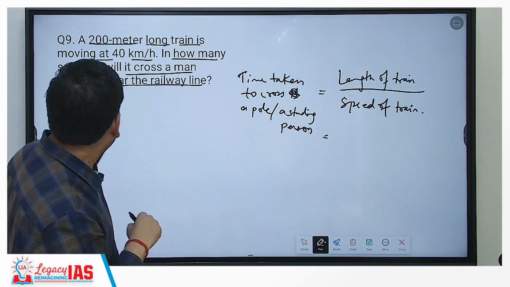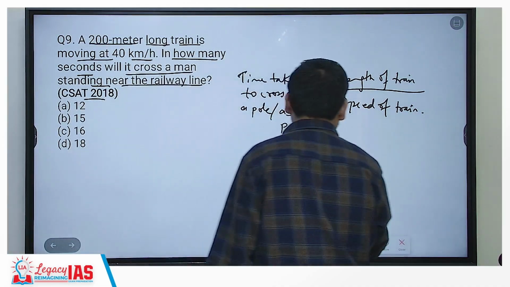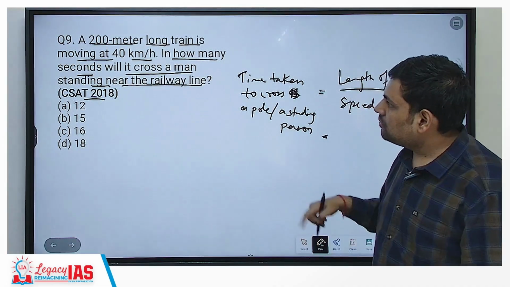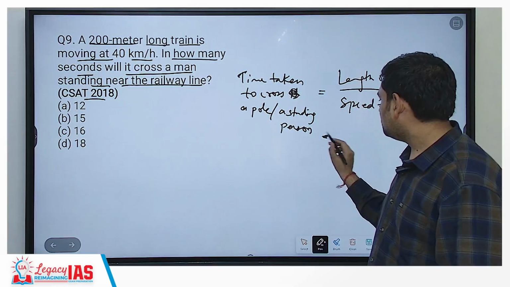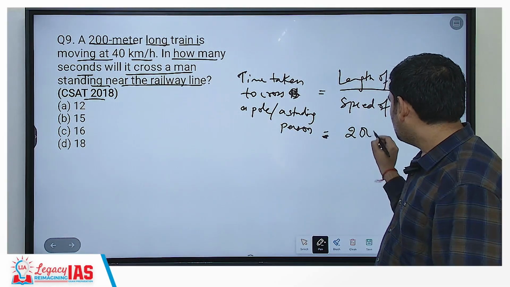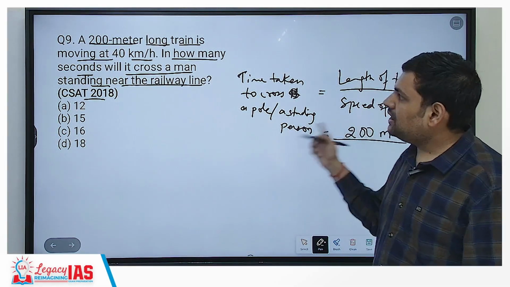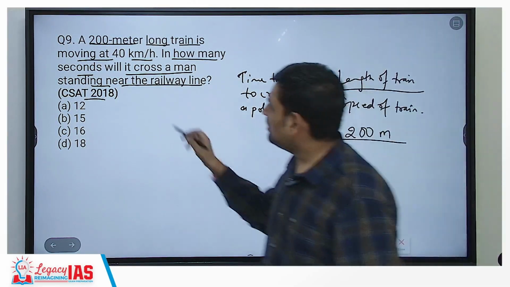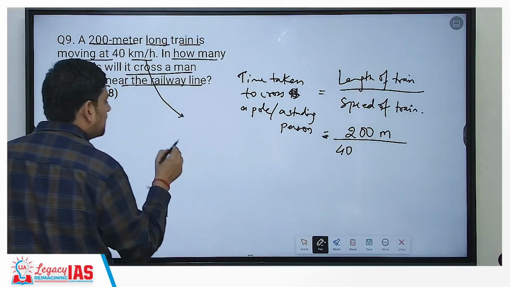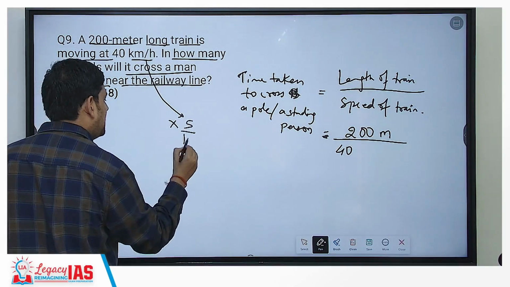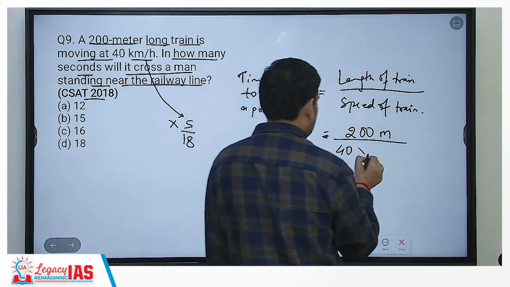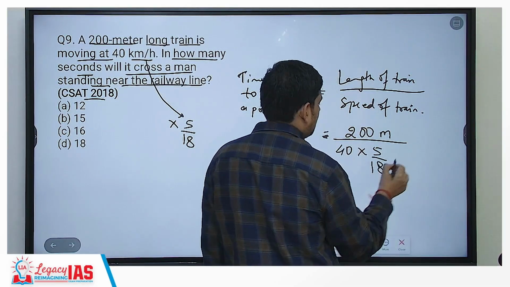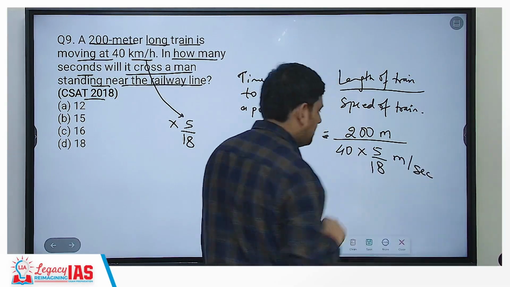Now, length of train is given to be 200 meters, divided by speed of train, which is given to be 40. But 40 is given in kilometer per hour. How can I convert it into meter per second? Into 5 by 18. So 40 into 5 by 18 meter per second.